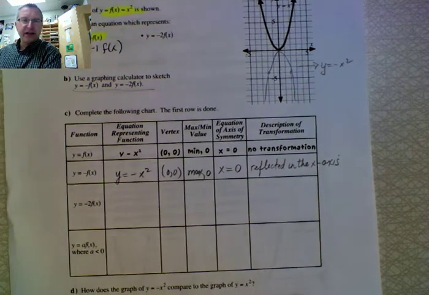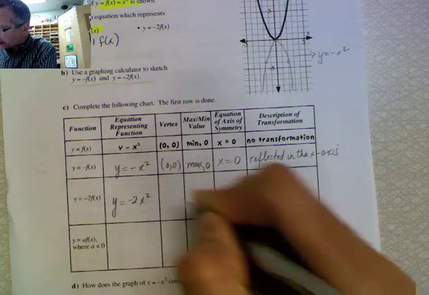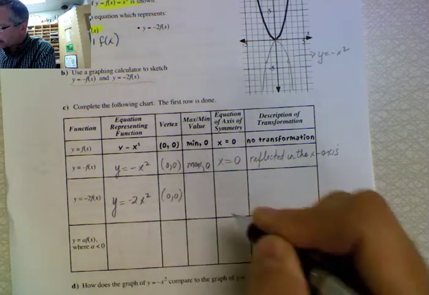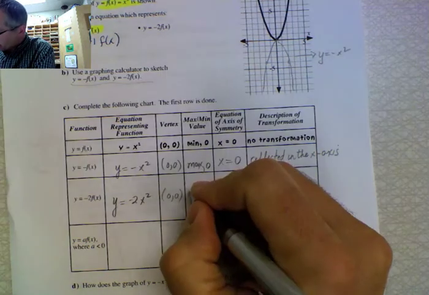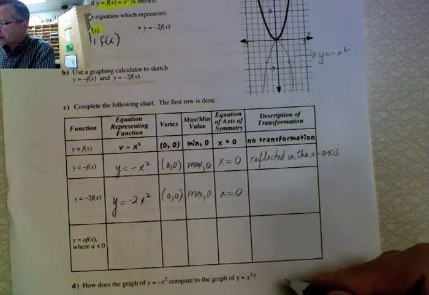If we look at -2f of x, that's y equals -2x squared. We still have a vertex at 0, 0. We still have a maximum value at 0. We still have an x-intercept at x equals 0.